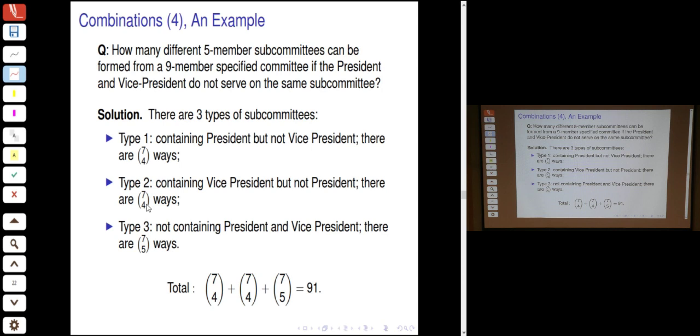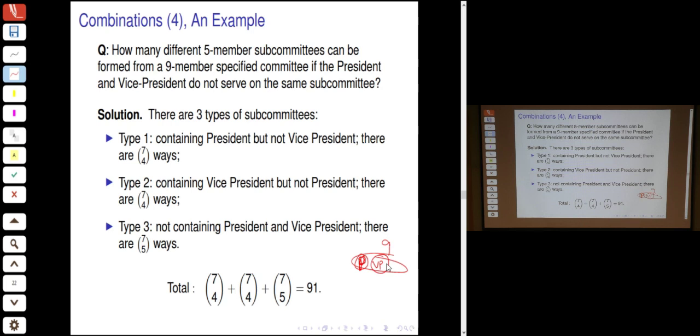So, how many different subcommittees can we form from a 9-membered specified committee if the president and the vice president do not serve on the same subcommittee? Okay. So, there are 9 people in total, out of which there are 2 distinguished people who are the president and the vice president. So, P and VP. Okay.